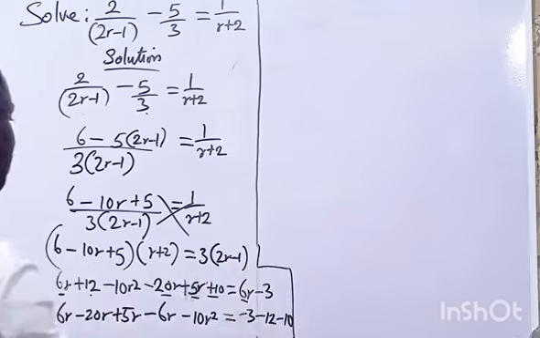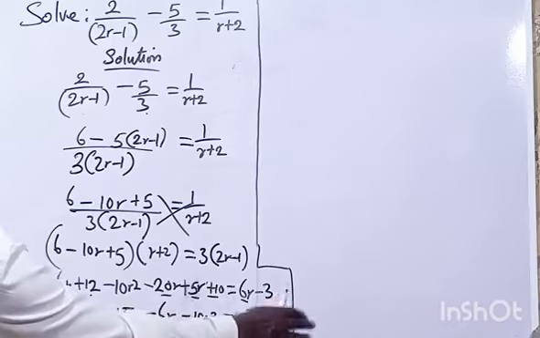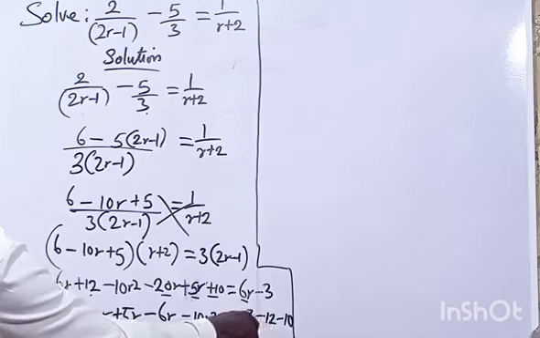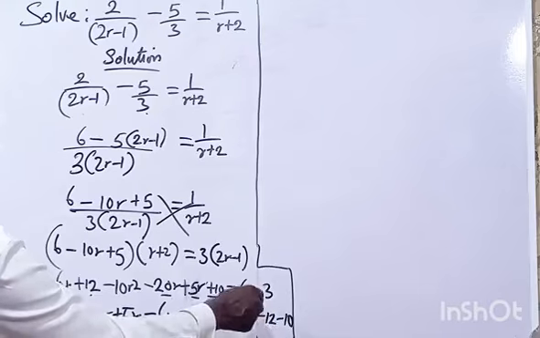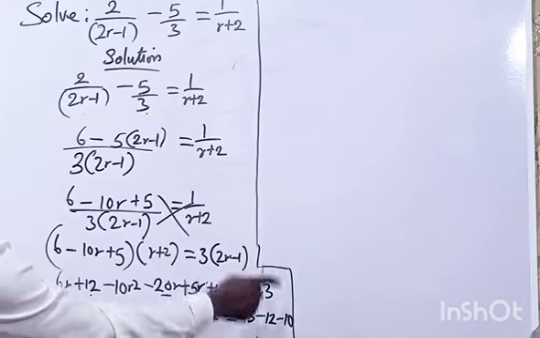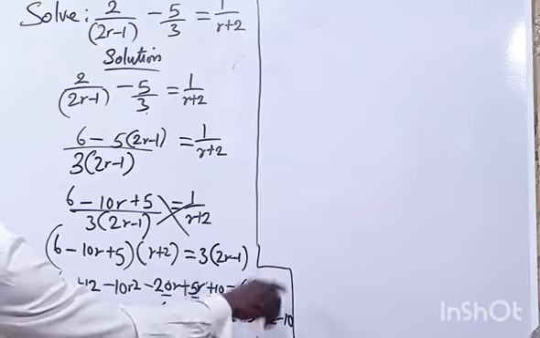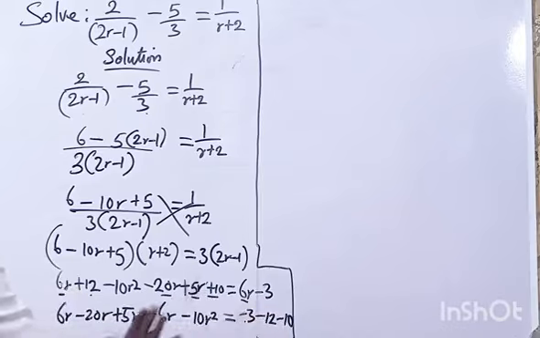I think that is all. What we did, we collected terms in x squared, then we crossed the equality sign and collected the constants. In the constants, minus 3 is already here. We brought plus 12 and as it crosses, it changes to minus 12, and plus 10 changes to minus 10. I think we understand it to this level.